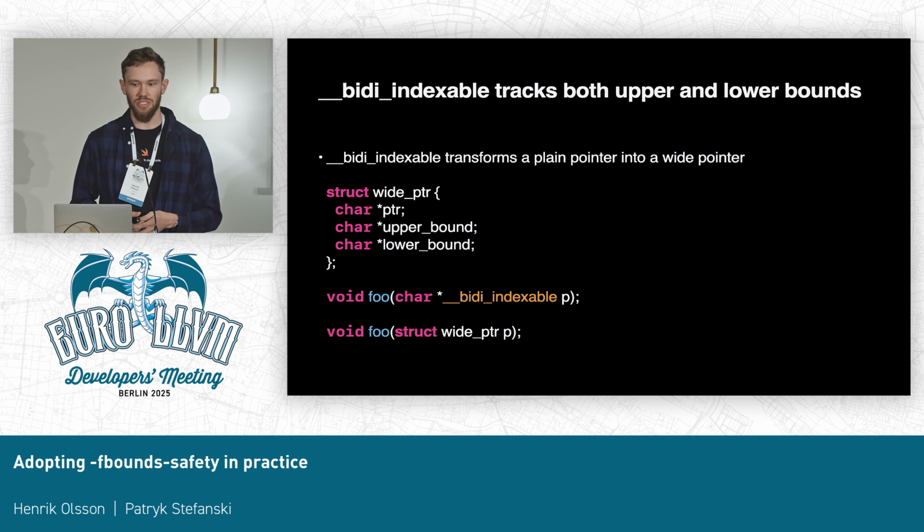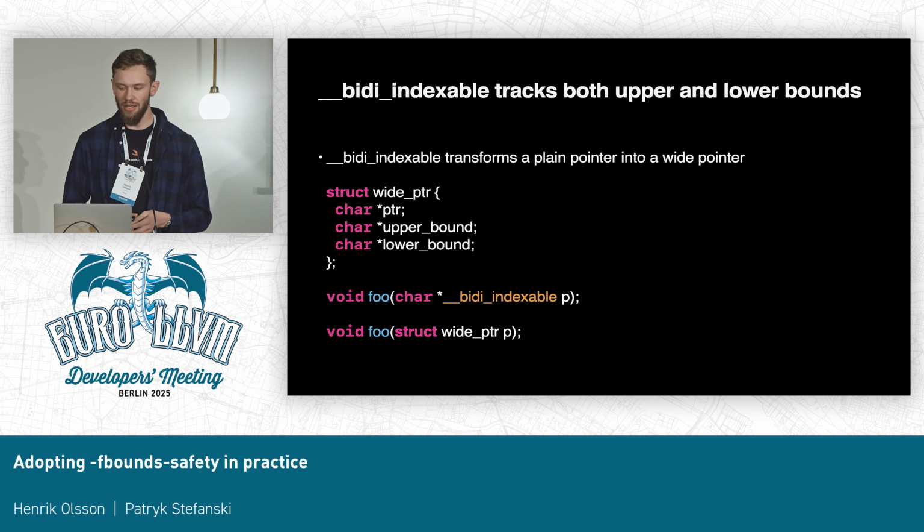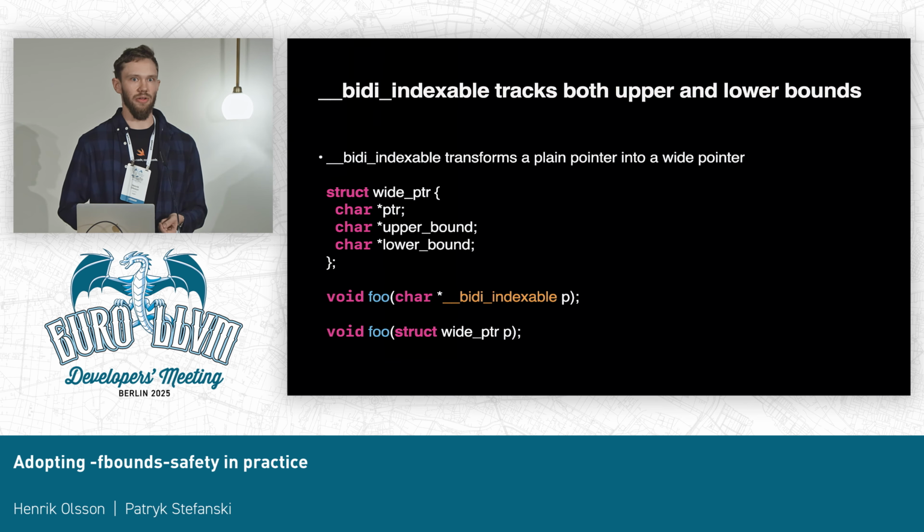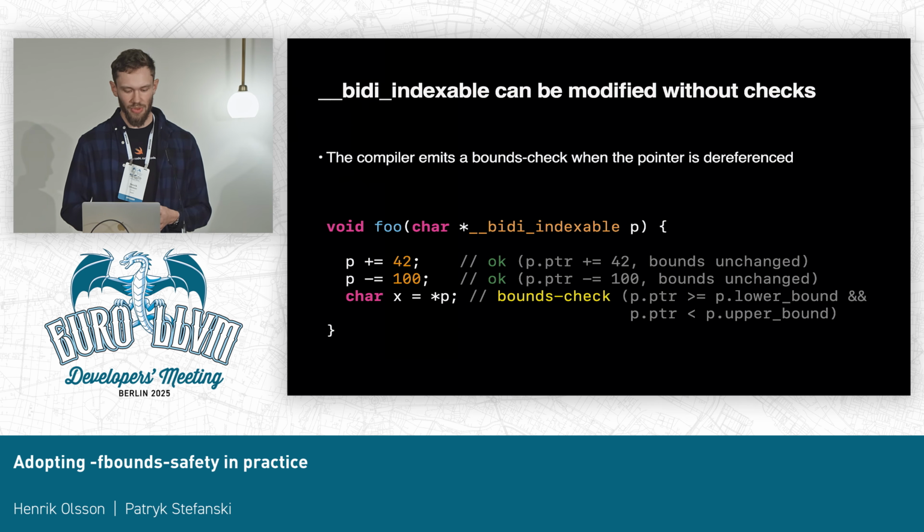Finally, we have bidi_indexable. Unlike counted_by, this lets you index both in the positive and the negative direction, hence the name. This is accomplished by changing the representation of the pointer into a wide pointer, carrying both the upper and lower bound along with the pointer. In this example, the compiler will transform the pointer into a wide pointer and emit a bounds check at runtime when the pointer is dereferenced.